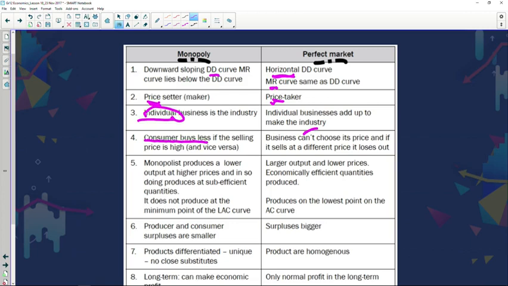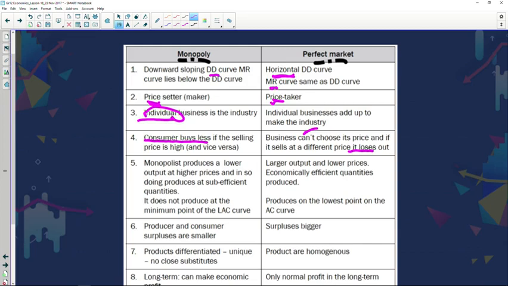Looking at the perfect market, the business can't choose its price, and if it sells at a different price, it loses out on the consumers. They can't sell above the market price, and they always have to sell at the market price if they want to maximize profits, whereas here the consumer buys less if the selling price is high.